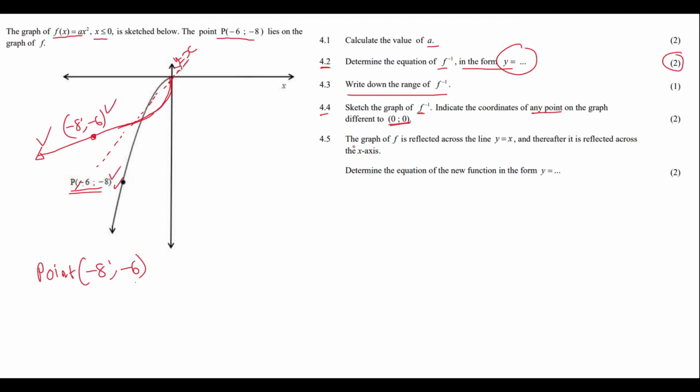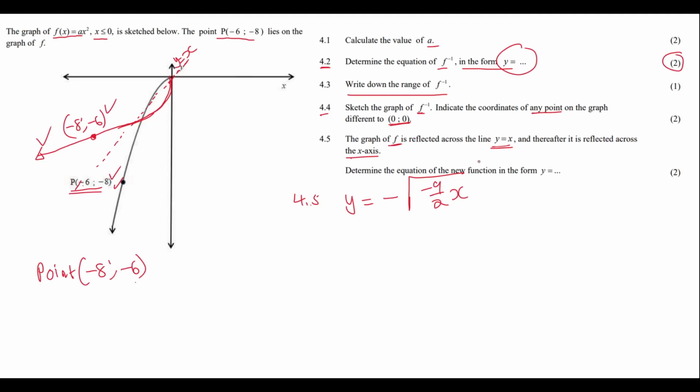So we get our 2 points there for the graph and for the point. The graph of f is reflected across the line y is equal to x, getting the inverse there. Thereafter, it is reflected across the x-axis. So we say that the equation of the inverse is y is equal to negative square root. That's the equation of the inverse.